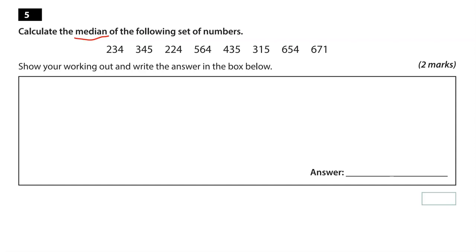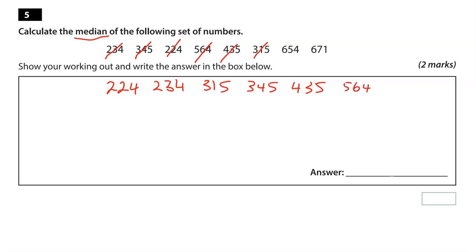224 first, then 234, then we'll move into the 300s, so 315, 345, 435, 564, 654, 671.